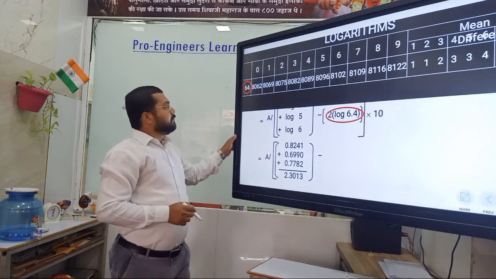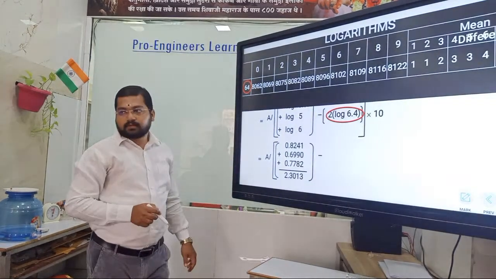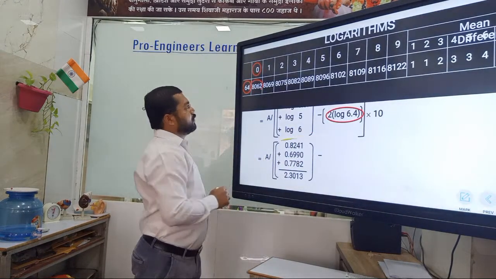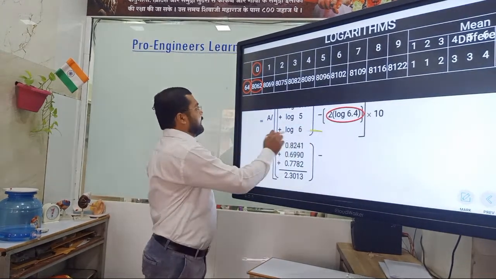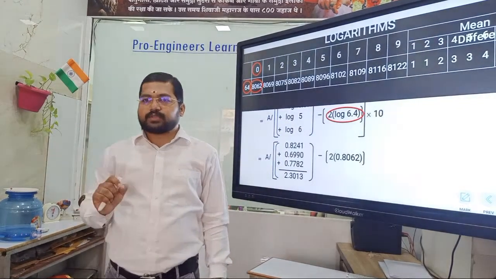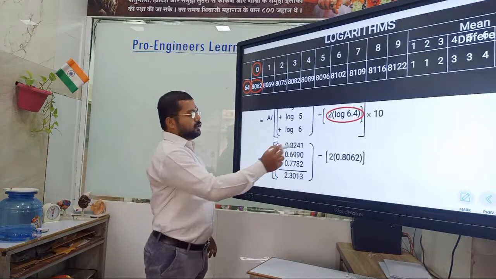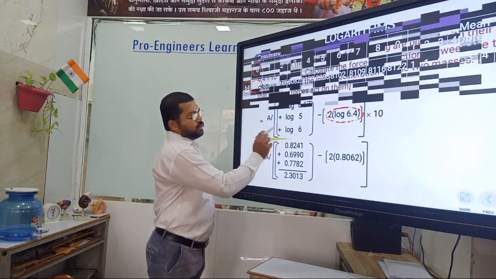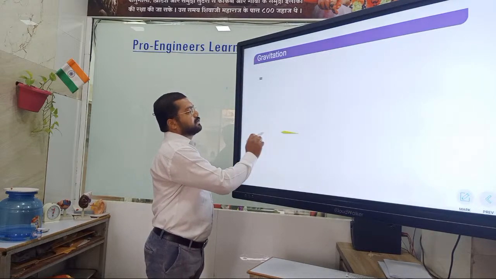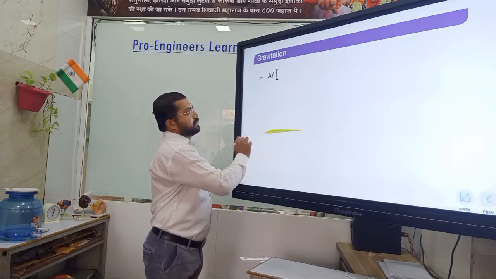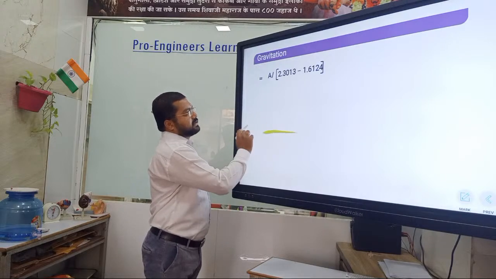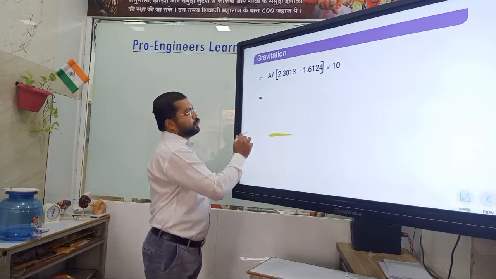We go into 64, then 0, so the value is 8062, that is 0.8062, multiplied with 2, into 10 as it is. So this is the answer after multiplying by 2.